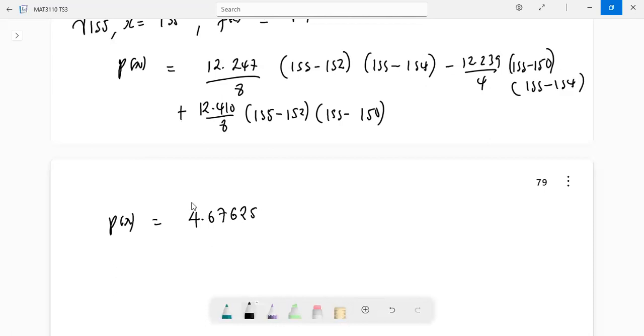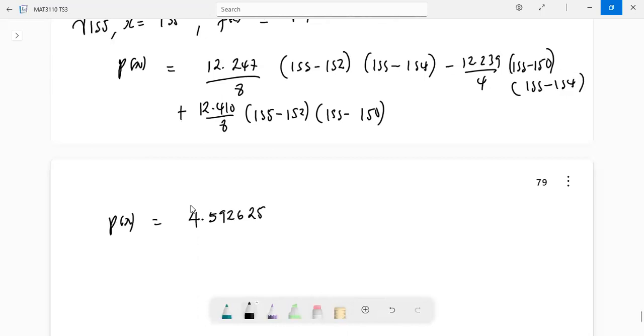Actually, that's 4.247 over 8 times 155 minus 152 times 155 minus 154. Actually, 4.5 something. Okay, so it's 4.592625. Okay, that's the first term.